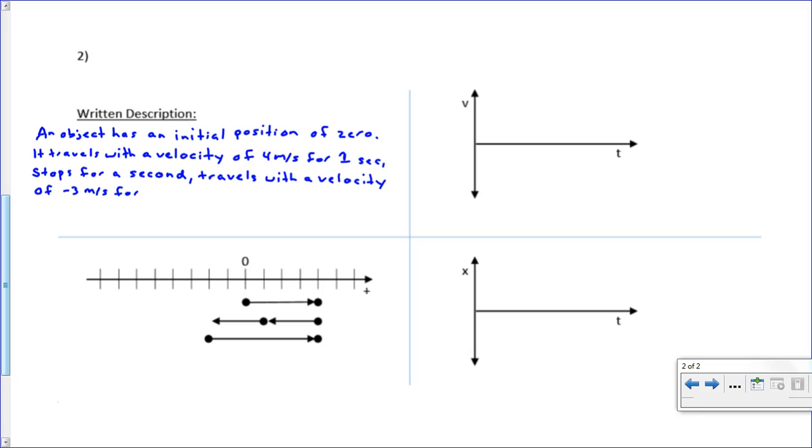Then it abruptly changes direction here.